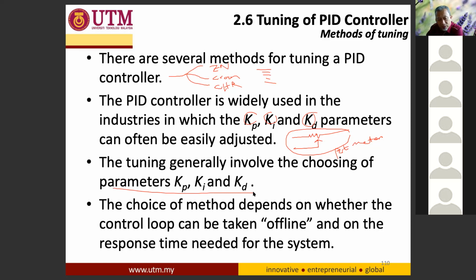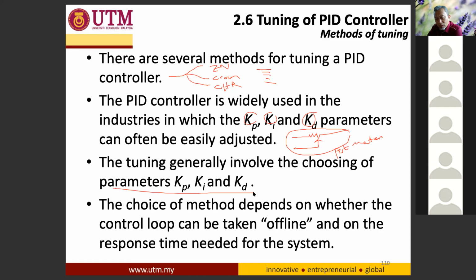The choice of method depends on whether the control loop can be taken offline and on the response time needed for the system. So that's why, before you tune the PID controller, you must know the mathematical model or the transfer function of the system under control. Let's say the system is a motor, for example.